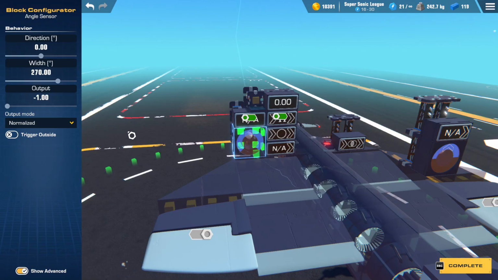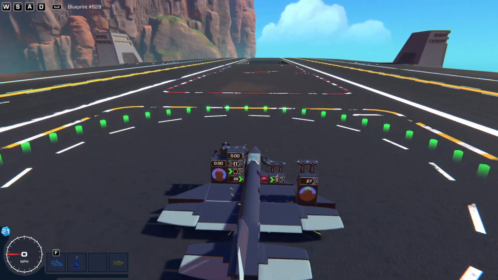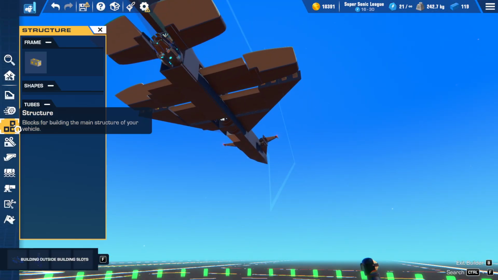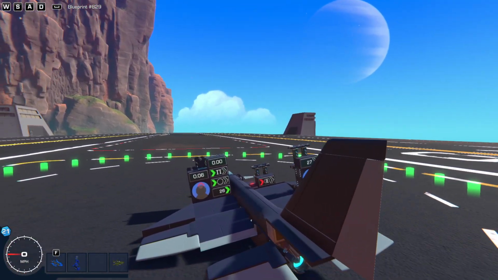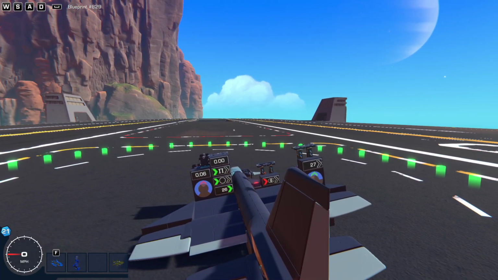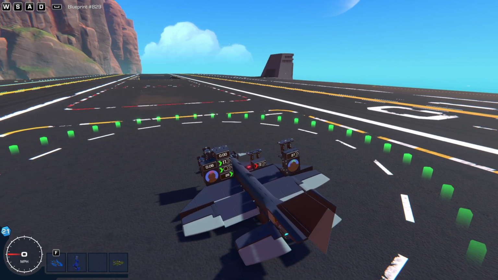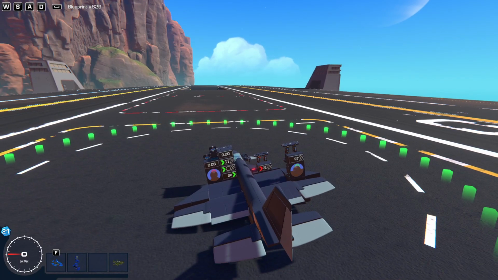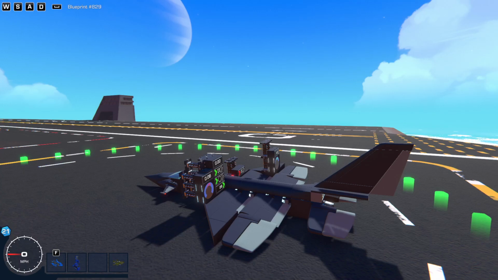So basically I have it set to 270 degrees, output of -1. I was testing this by putting a block underneath the wing, so boom, I'm at 0.06, right? But I'm underneath the threshold.